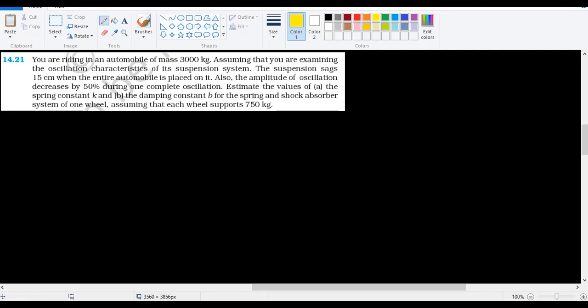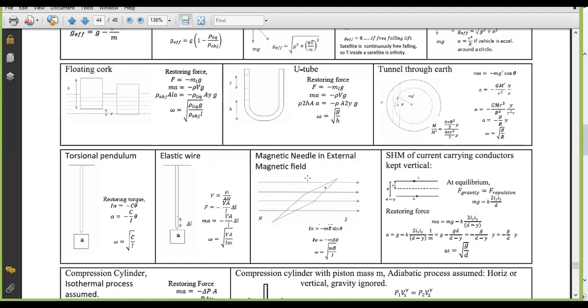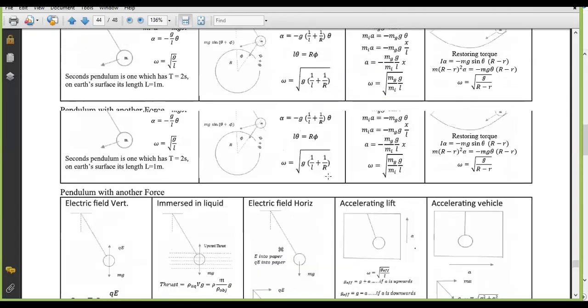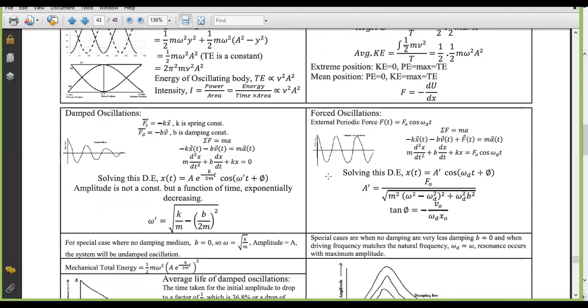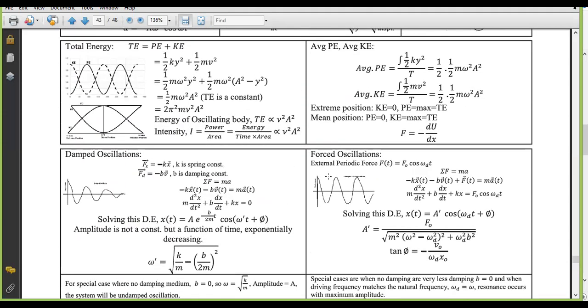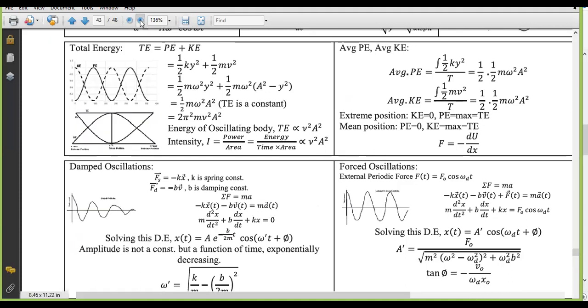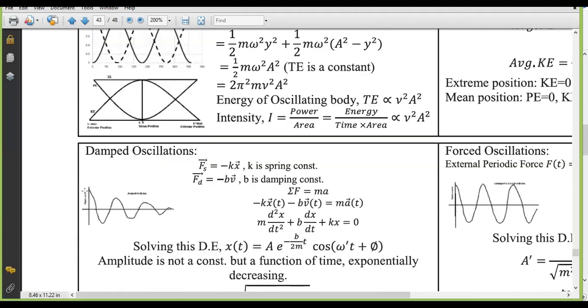So let's go back to our handbook. Let's capture the important formulas which we know. So you see, they said the amplitude is decreasing 50% in each oscillation. What does that mean? So we are talking about this graph. So here, if it was 100, here it is 50, here it is 25, here it is 12.5, then it is 6.25, something like that.